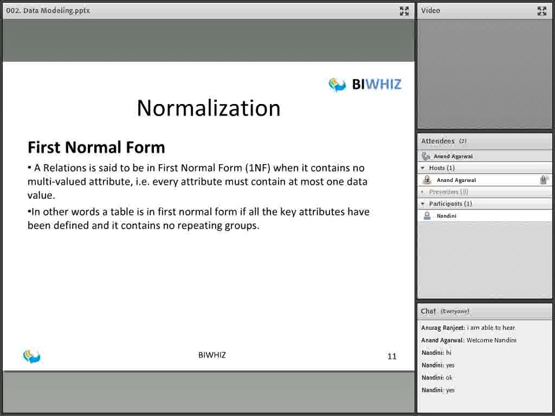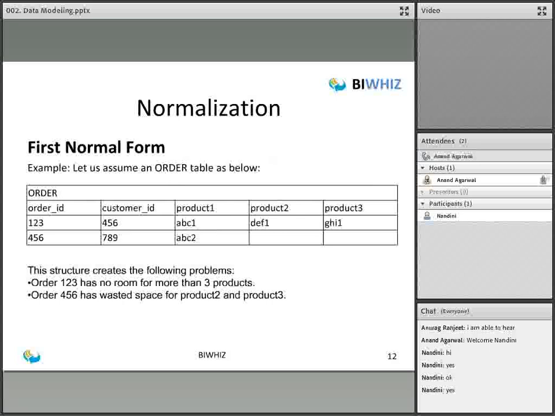The first normal form says that you cannot have a multi-value attribute in your data. What do we mean by that? Let's try to understand this with the help of an example, right? Let's say you go to a store and you buy a lot of items, and when you are doing the billing, you get a bill receipt, right?